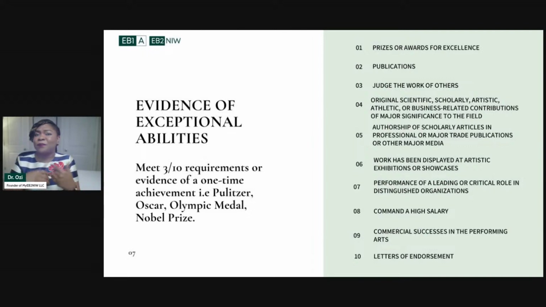USCIS has given us examples like people who get dissertation awards, people who go to present at conferences and they get awards for their oral presentations or their posters. People who have been recognized by their peers, right, in notable organizations. These people can say that they stand out. So that's one way of showing you stand out.